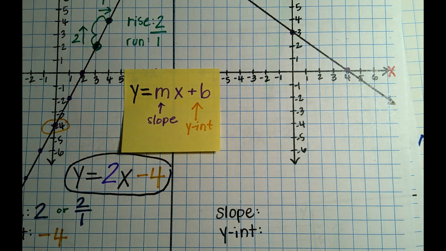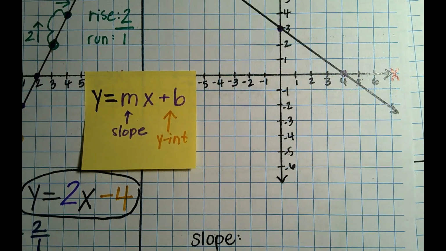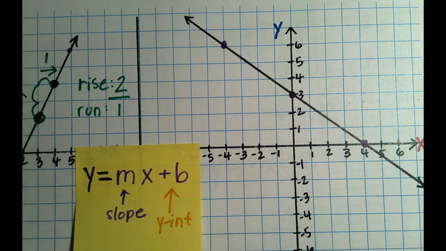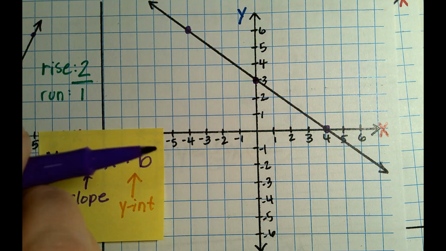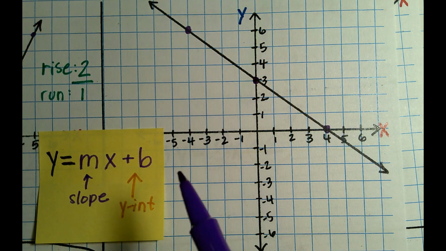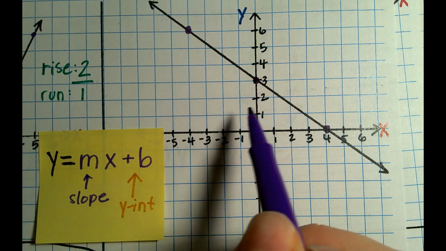So let's look at this line now, and we'll start with slope. When we find our slope, we're always going to go from left to right. So let's pick a point to the left.